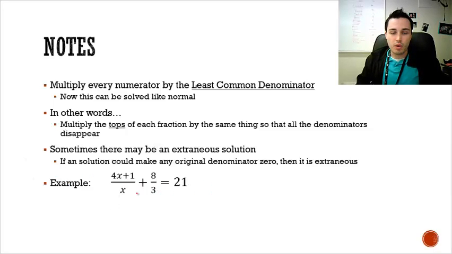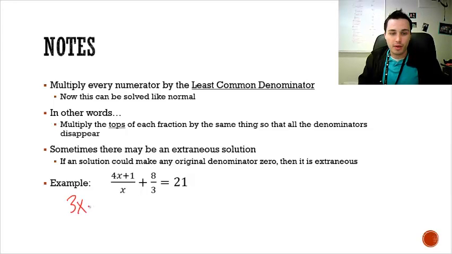So looking at this quick example, what should we multiply by? The least common denominator, which between x and 3 is 3x. So I want to multiply everything times 3x, including the 21. I'm not multiplying top and bottom, I'm just multiplying straight across all sides on the tops.